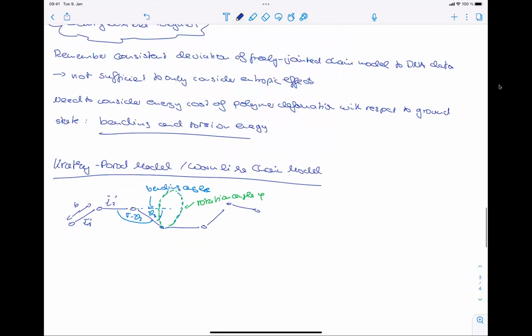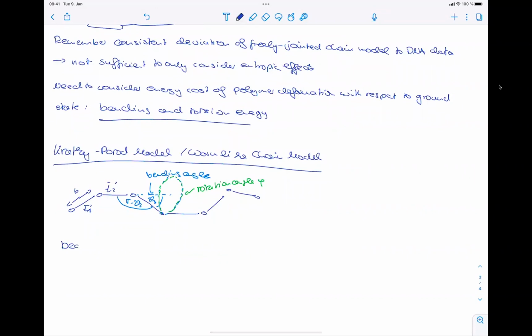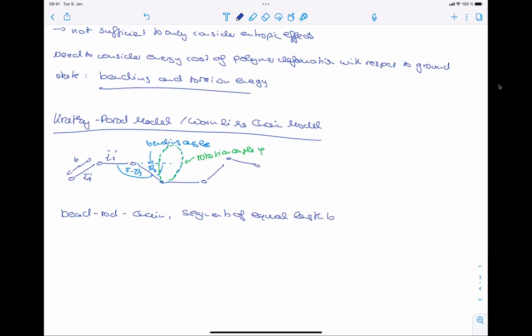So we're back to having a bead-rod chain, and we also consider segments of equal length b. The state is defined by a set of normalized tangent vectors, Ti, which defines the polymer state.